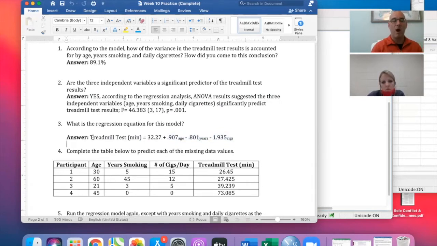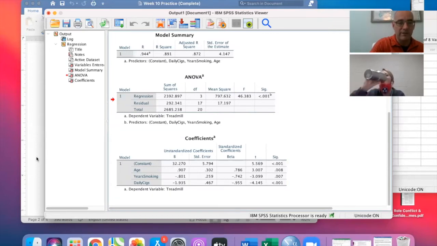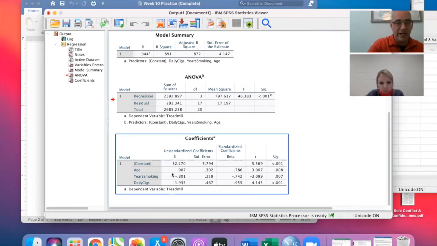Our y, our dependent variable, our outcome variable, is the treadmill test. Our y-intercept, or constant, is going to be 32.27. That's right here in our coefficients table, 32.27.